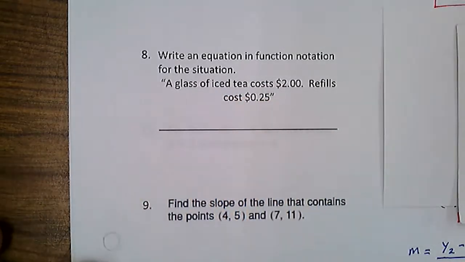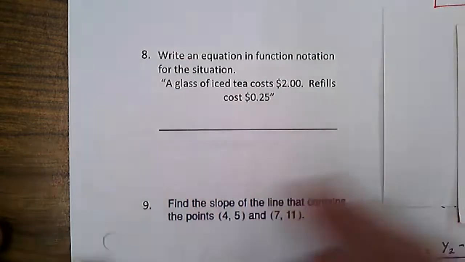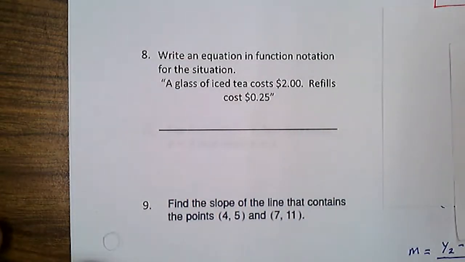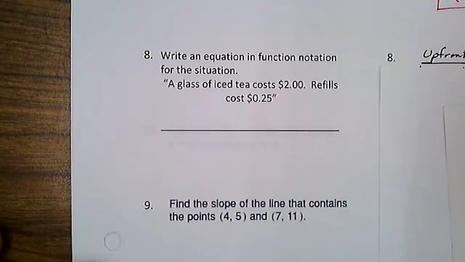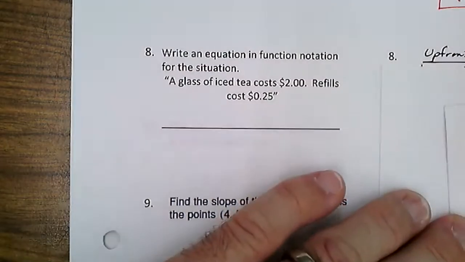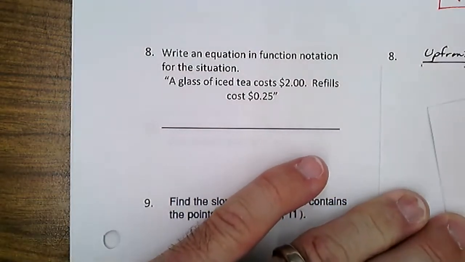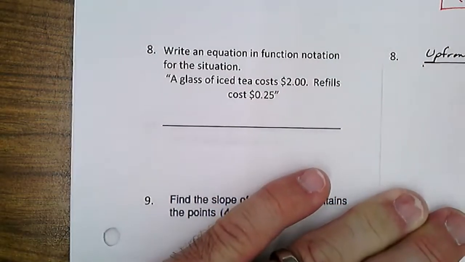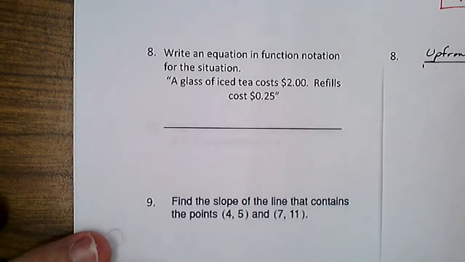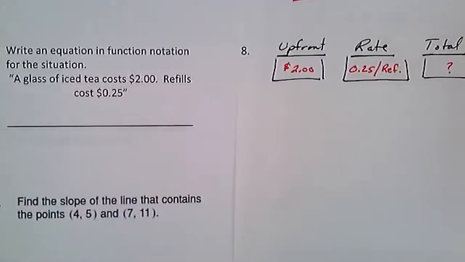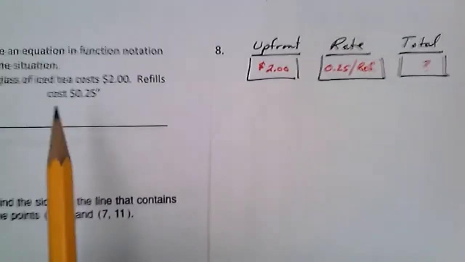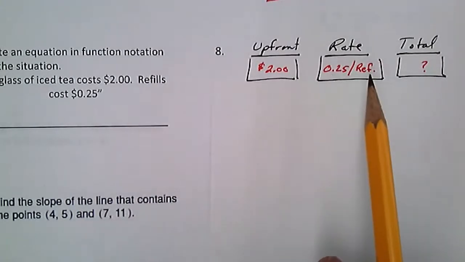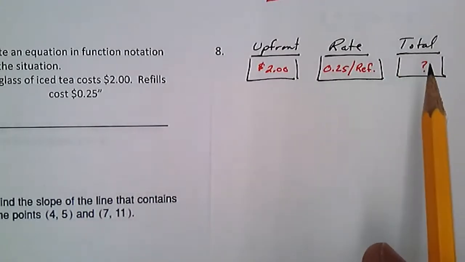Which one would you have to pay up front and which one is a recurring cost? The upfront would be the $2. And then the refills would be 25 cents per refill. And then we don't know the total.